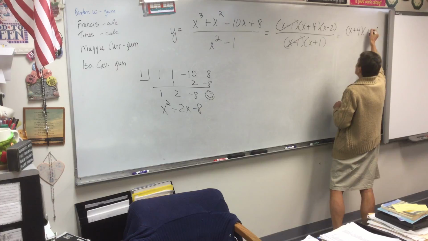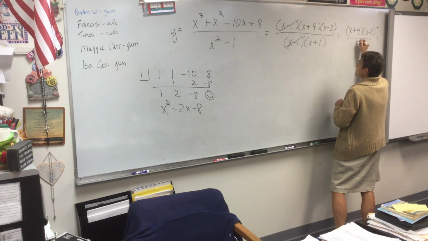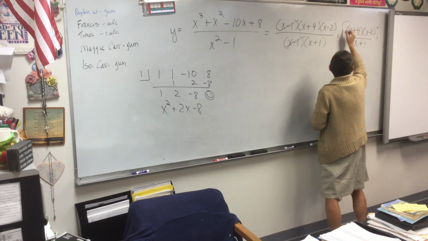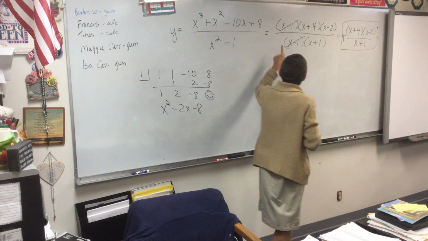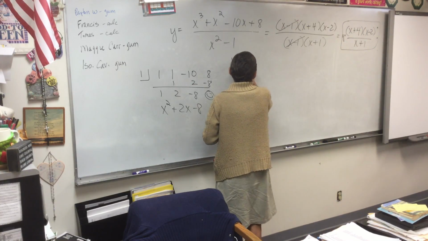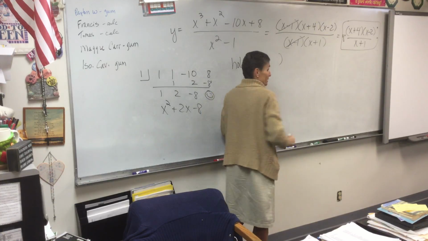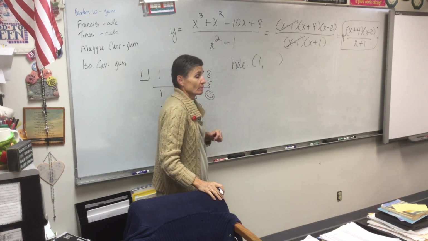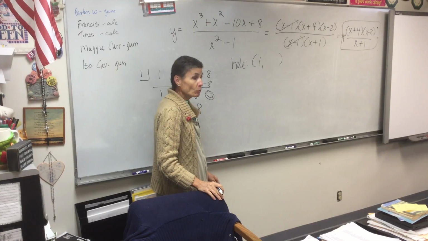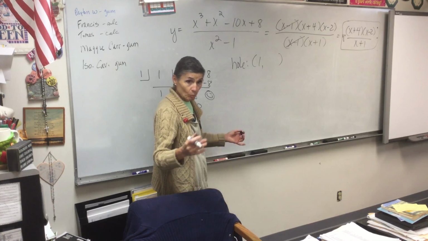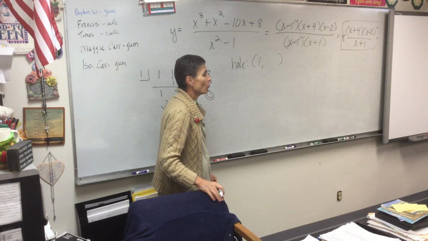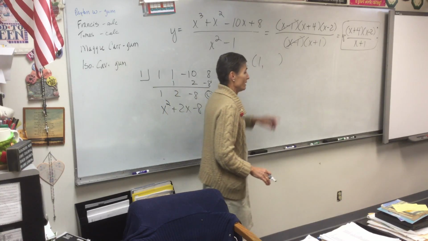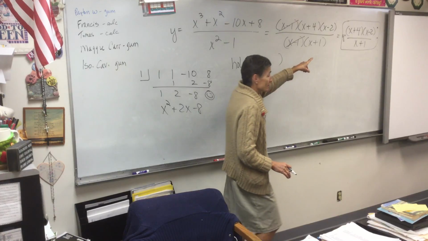So our new problem is this, and we have a hole at 1 comma something. Right? Now don't say 1 comma 0. It might work out to be that, but you don't know. How do you figure out 1 comma what? Plug it in the box up there.